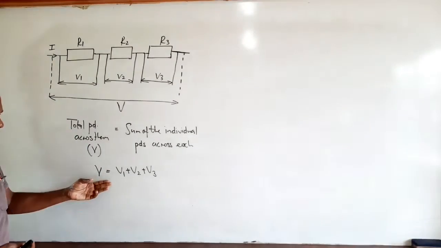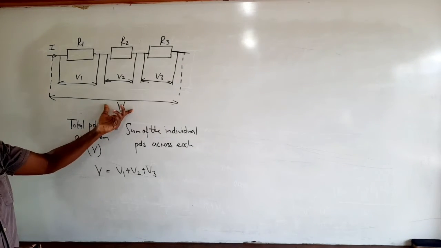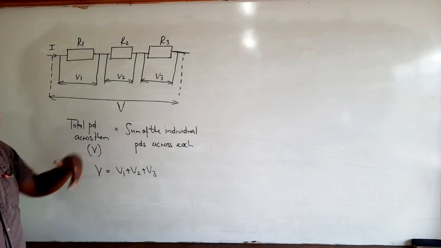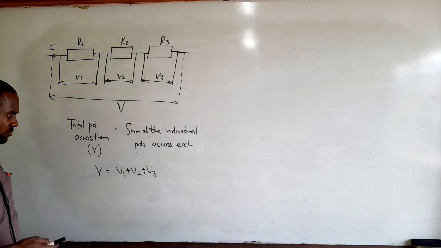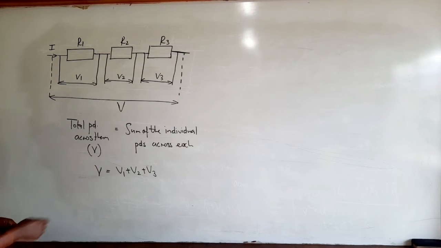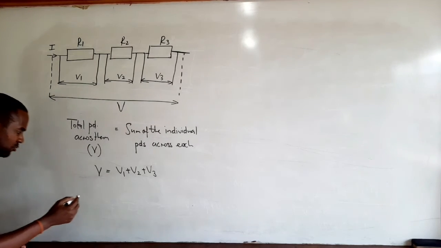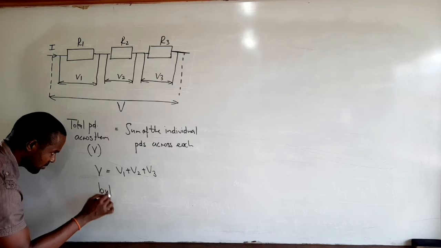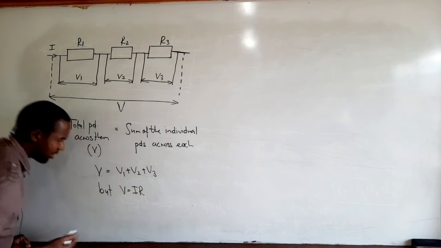So V equals V1 plus V2 plus V3. So we say that the total PD across this combination of resistors is equal to the sum of the individual PDs across each. But of course, from Ohm's law, V is equal to IR.